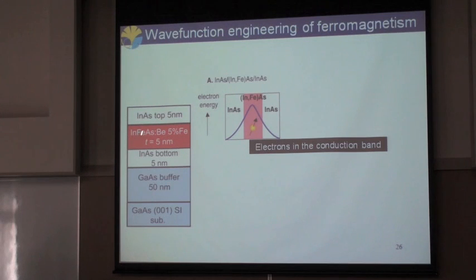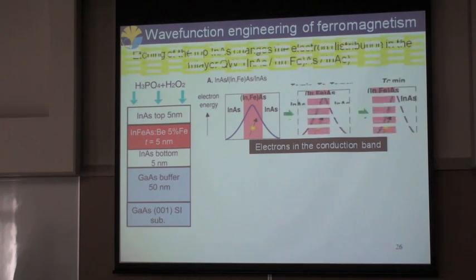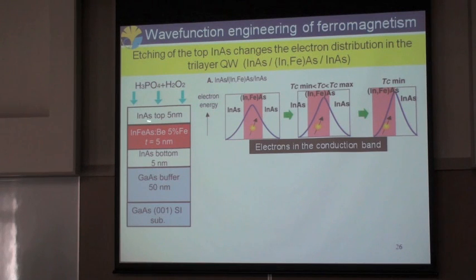And this is a starting sample structure, which is the same as the previous experiments. And then we measured MCD after etching the top indium arsenide layer by using this wet etchant. So we carefully etched the top layer gradually.